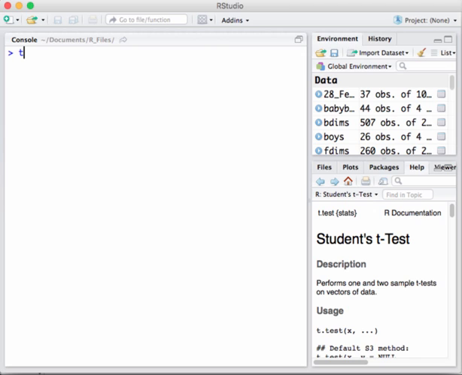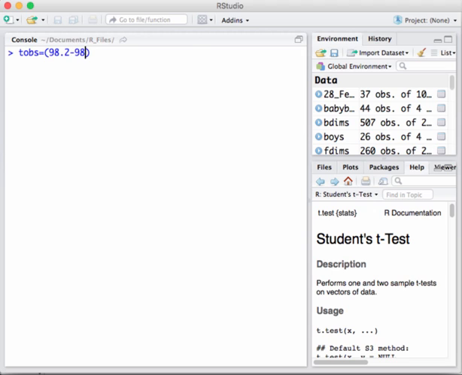I'm going to name that t_obs for t observed, and that's going to be equal to 98.2, which was the sample value. That's my X bar. Remember, we've got to put that in there. The first number is X bar, which is 98.2.